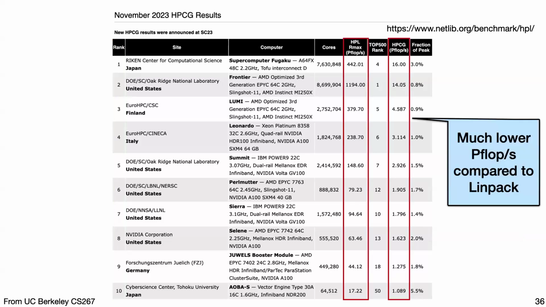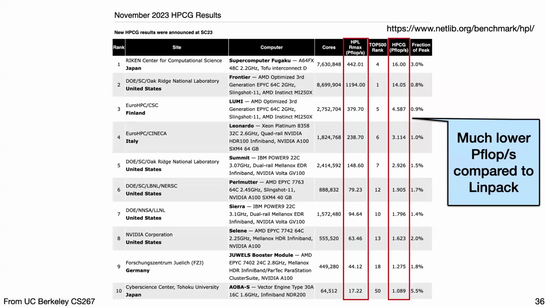Another thing to notice, this HPL max is the petaflops per second that the given machine reached on the TOP500. So the number 1 at that time reached almost 1,200 petaflops per second on LINPACK. And the number 4 was about 440 petaflops per second on the TOP500.